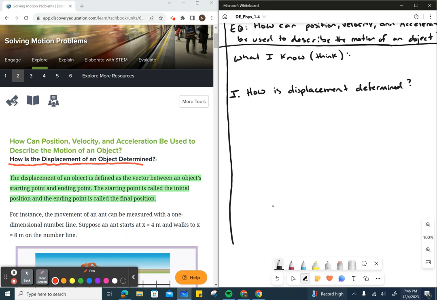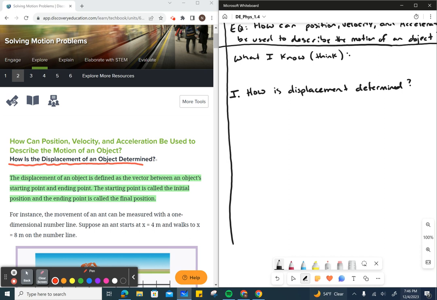We're not talking necessarily about the amount of engine displacement or something, but you can see I've got it highlighted in green here. The displacement of an object is defined as the vector between an object's starting point and ending point. The starting point is called the initial position, and the ending point is called the final position.